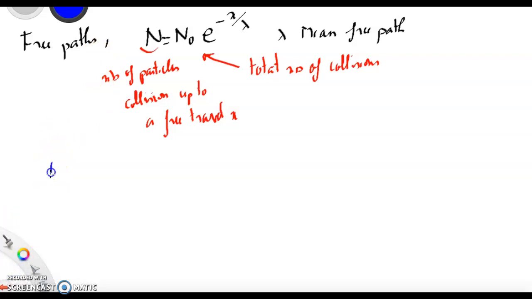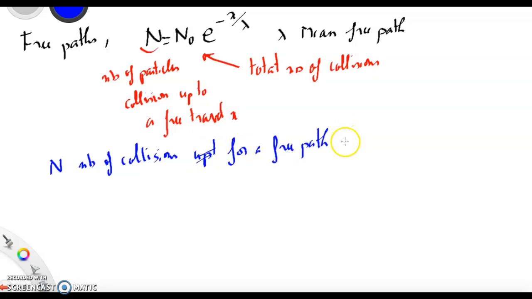I could say n is the number of collisions for a free path going from 0 to a certain distance x, and n0 is the total number of collisions.